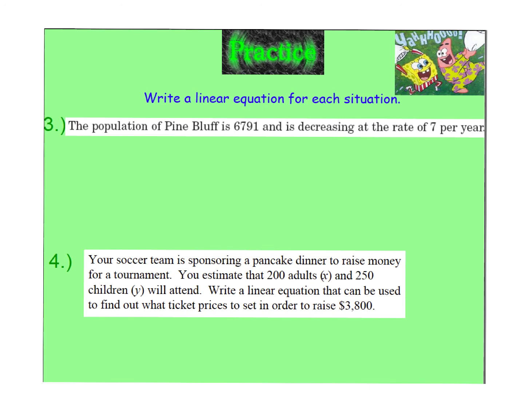The population of Pine Bluff is 6,791 and is decreasing at a rate of 7 per year. Now, this is one that most students get wrong. My guess is you have something like 7x minus 6,791, and you gave me that minus because it's decreasing. However, that is wrong. You cannot start with negative 6,791.